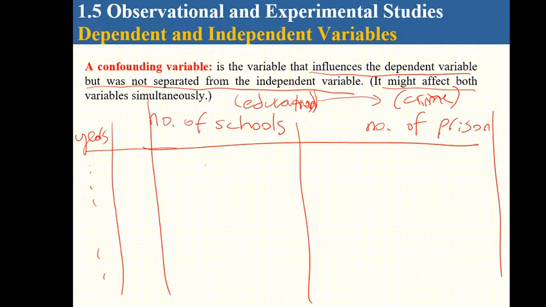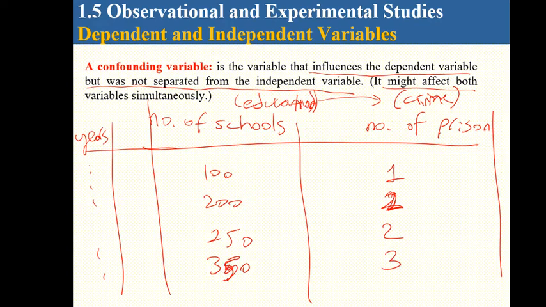Now, the number of schools, you have like 100 schools and the number of prisons maybe 1, and some time later it becomes 200 schools and the number of prisons in the country or in the city goes to 2, and then 250 schools, then 300, then 350 and it becomes 3, maybe 400 and it becomes 4.